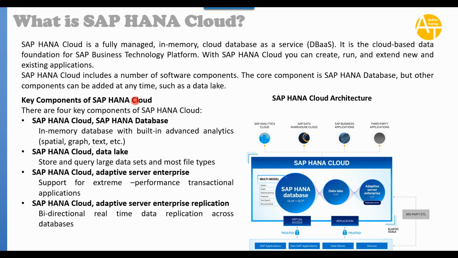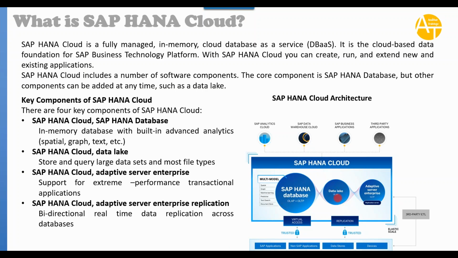There are four key components of HANA Cloud. The HANA Cloud or the HANA database, you see this is the biggest bubble, which is used for OLAP and OLTP, online transactional and online analytical processing. Apart from that, it offers special features like spatial, graph, machine learning, predictive analytics, text search, and document store.